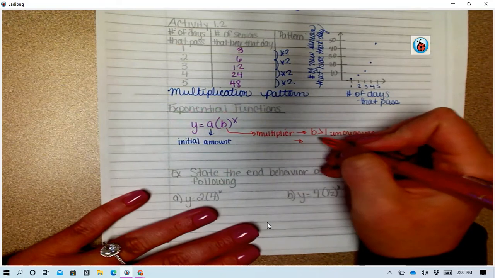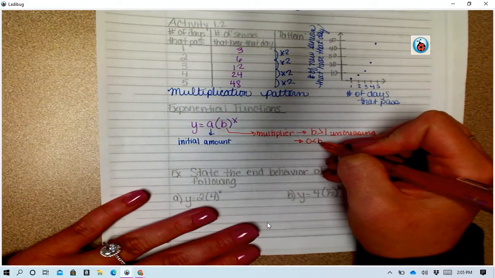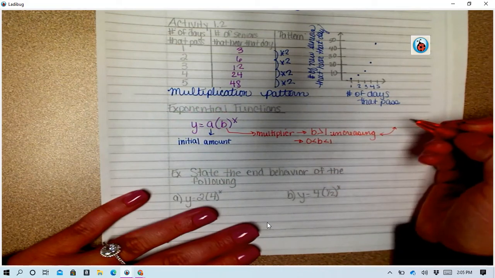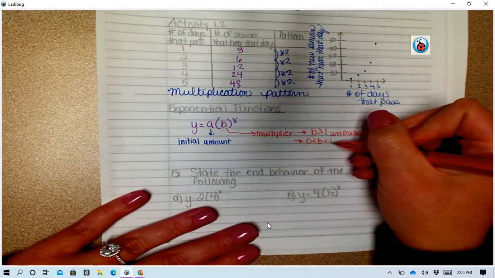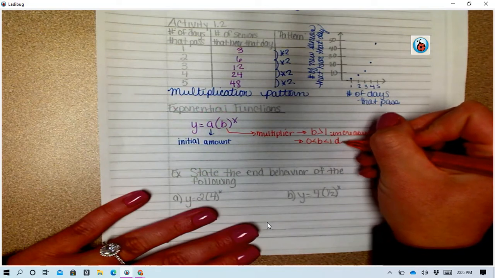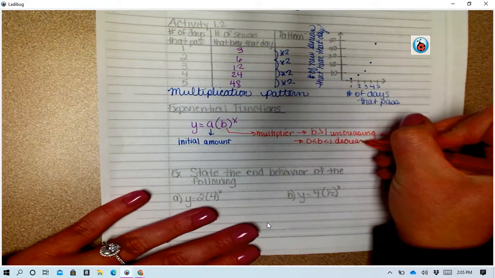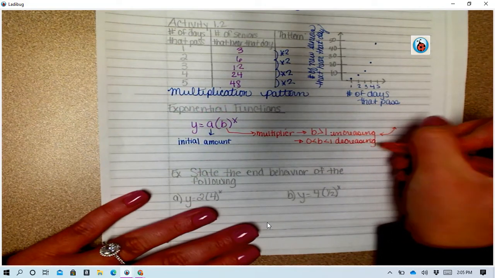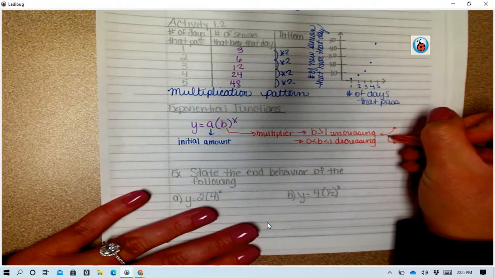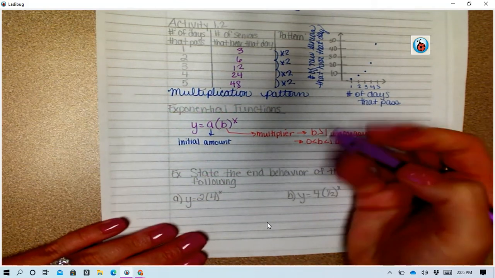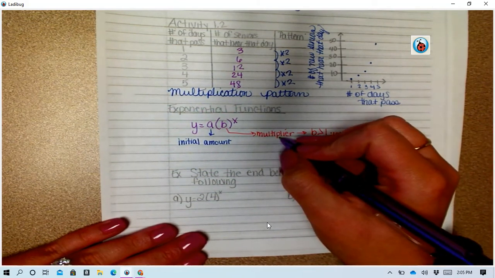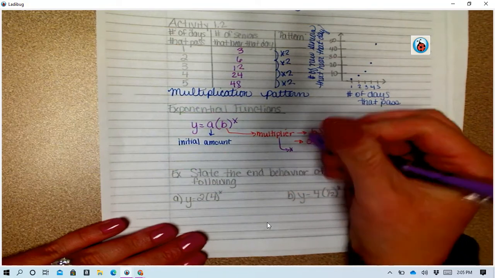If B is bigger than 0 but less than 1, in other words, it's just smaller than 1 but a positive number, then your graph is decreasing. And it looks like this. What you need to know is that your graph never gets to 0.